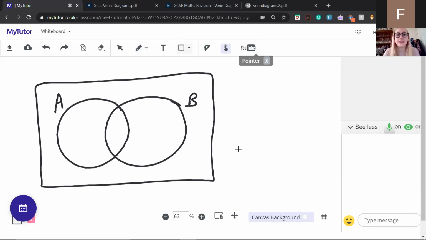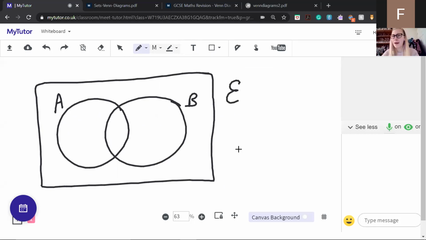And they all either study both, just maths, just English, or neither. So this whole box is the whole domain. And we call this epsilon. It's like a backwards 3. It's a Greek letter. Mathematicians love using Greek letters for things because we've already used our own English letters for everything. So we throw some Greek letters in there. So this is an epsilon, and it just means the whole domain. You'll see this in an example in a moment.